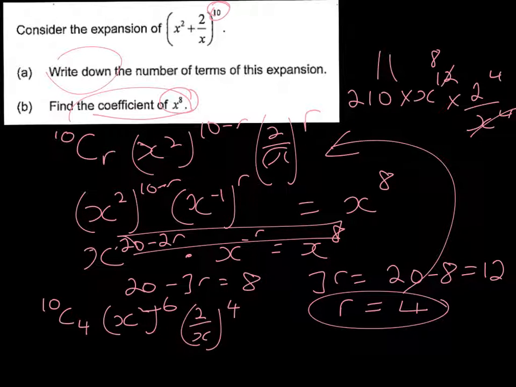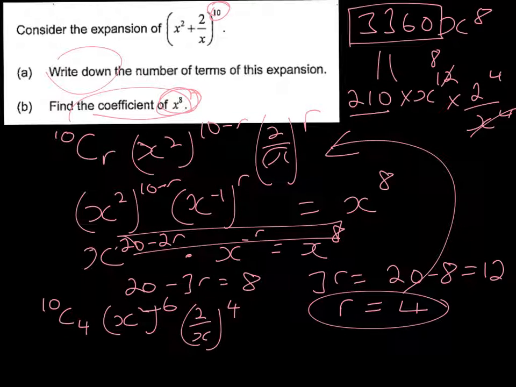So I'll end up with 210 times 2 to the 4 x to the 8, which will give you 3,360 x to the 8. So the coefficient of x to the 8 is 3,360.